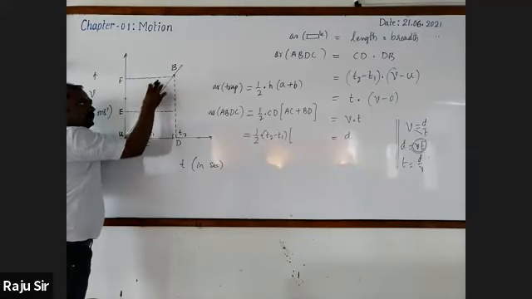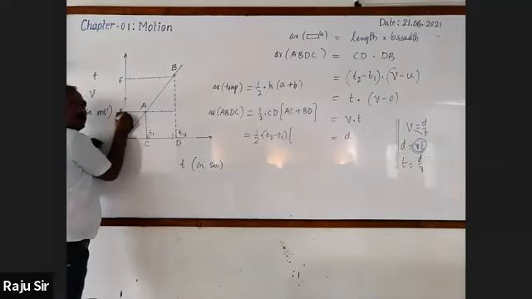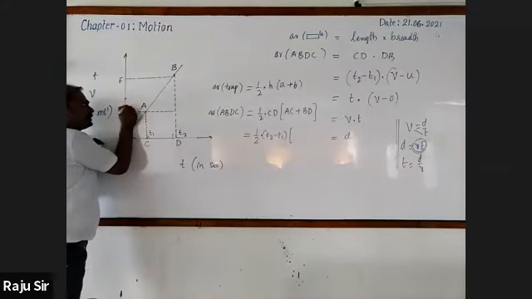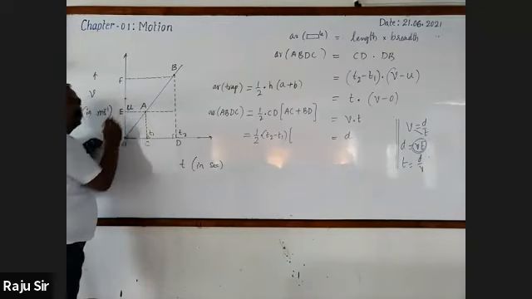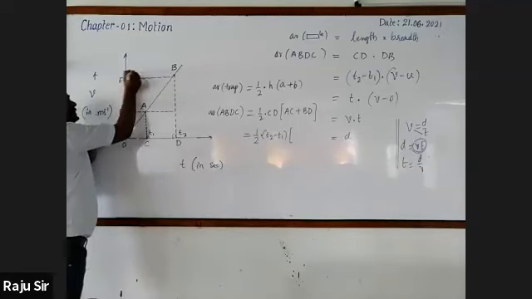If I take A as the point, A will be the initial velocity. Initial velocity is denoted by U, and here, B represents the final velocity, V.